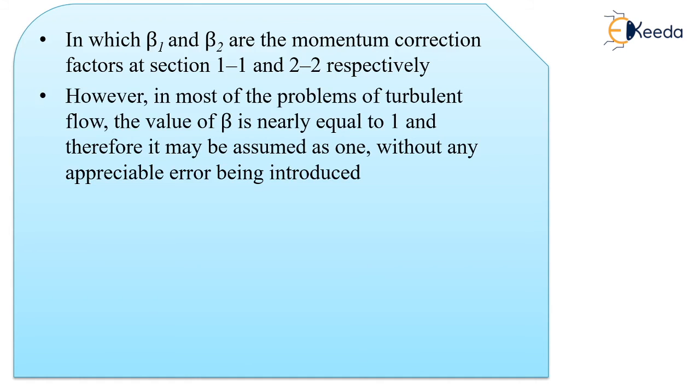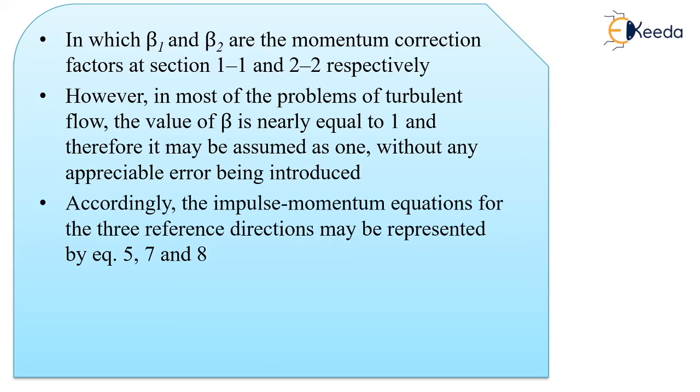However, in most of the problems of turbulent flow, the value of beta is nearly equal to 1, and therefore it may be assumed to be 1 without any appreciable error being introduced. Accordingly, the impulse momentum equations for the three reference directions x, y and z may be represented by equations number 5, 7 and 8.